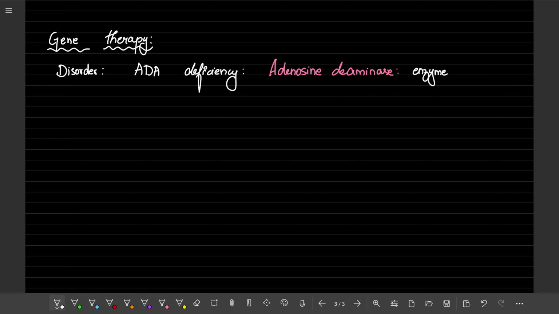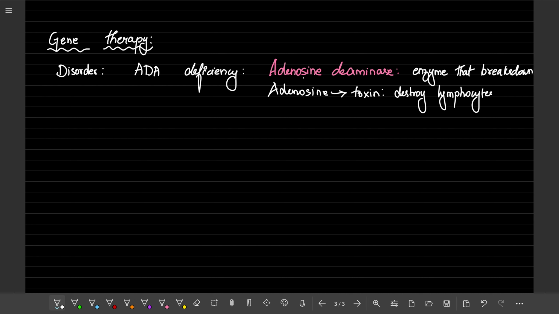Adenosine deaminase, it's an enzyme. What do you think it breaks? Yes, so it is going to break adenosine. It is an enzyme that breaks down adenosine, because adenosine is a toxin that will destroy lymphocytes.